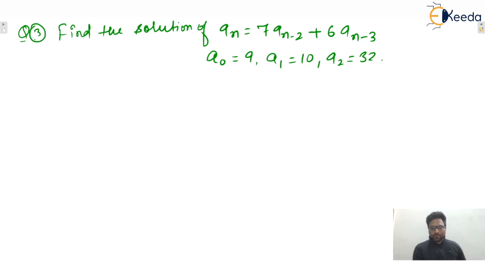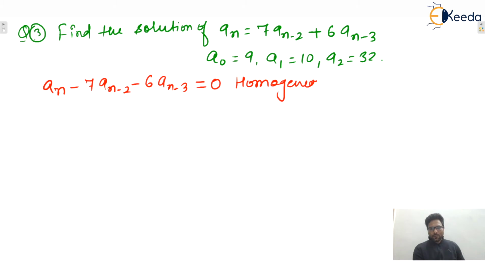We'll see one by one. We can write it as a_n minus 7a_{n-2} minus 6a_{n-3} equals 0, so this is a homogeneous LRCC. Yes or no?